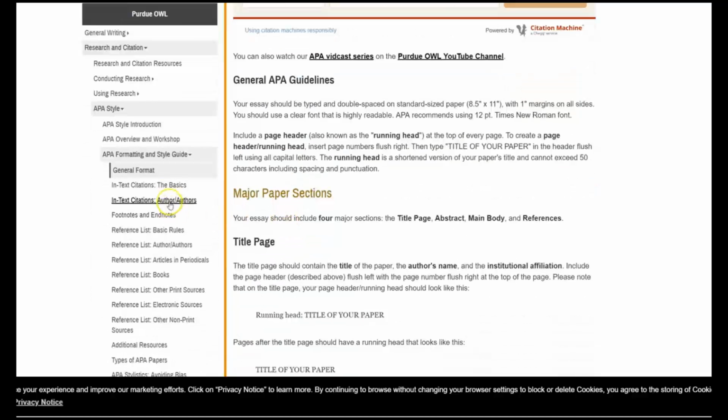Here are all the different types of in-text citations. They give you the basics: authors, if there is no author, if a publication year isn't indicated, whatever the situation. It's very easy to go through and find what you're looking for. If you have any questions, never hesitate to let me know.